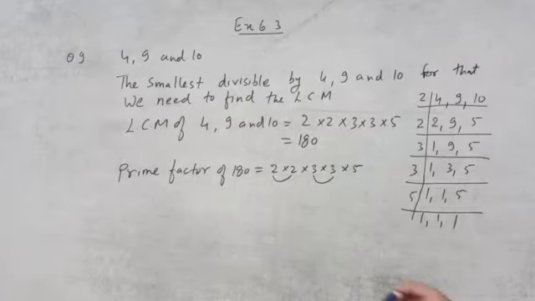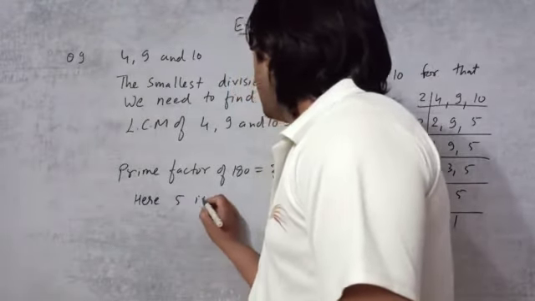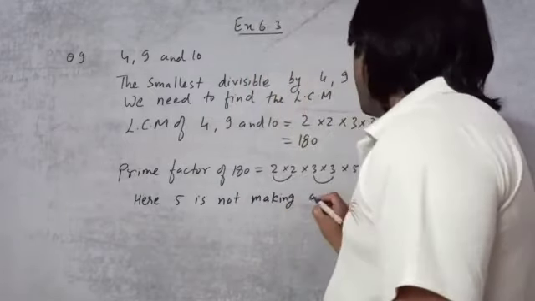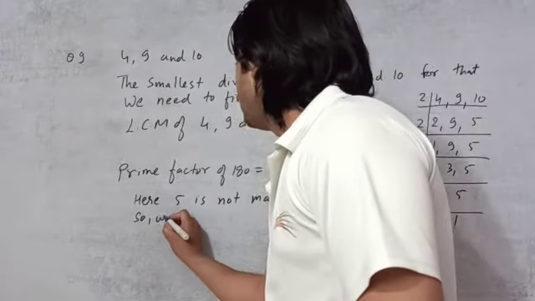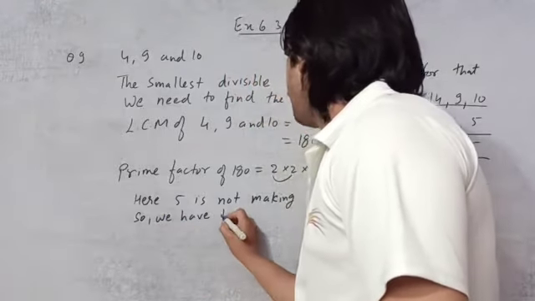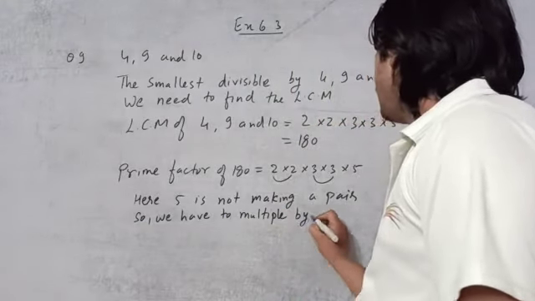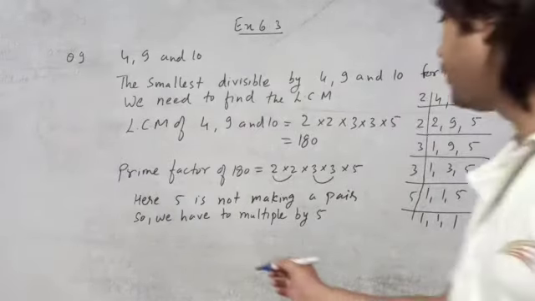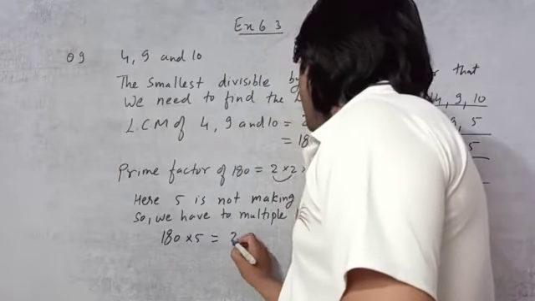So we multiply 180 by 5, and here we also multiply by 5.